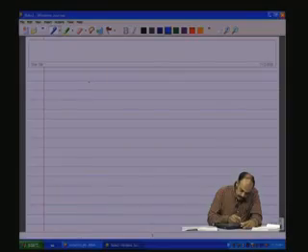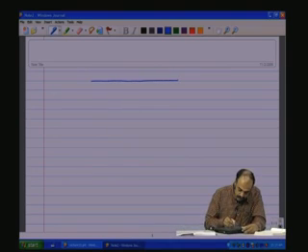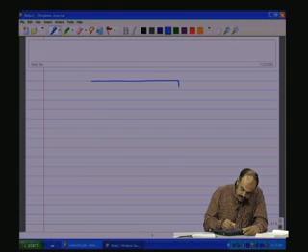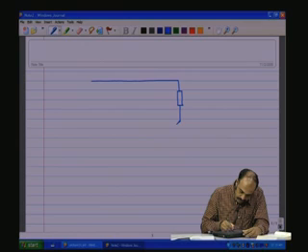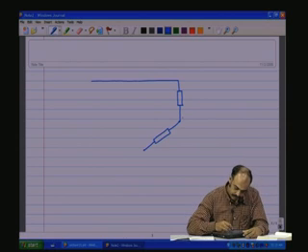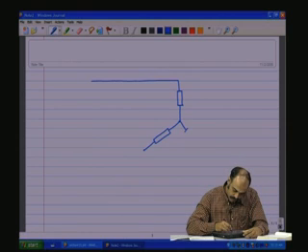So, let me draw the 3-phase load like that. So, we have a 3-phase load with the neutral.